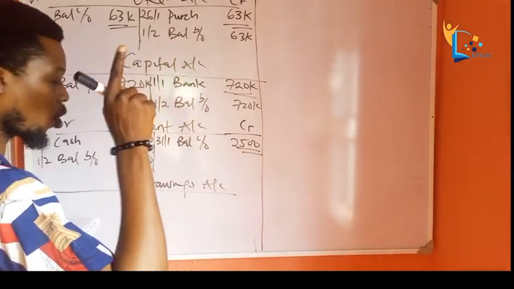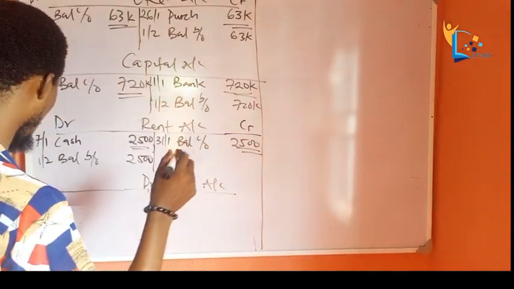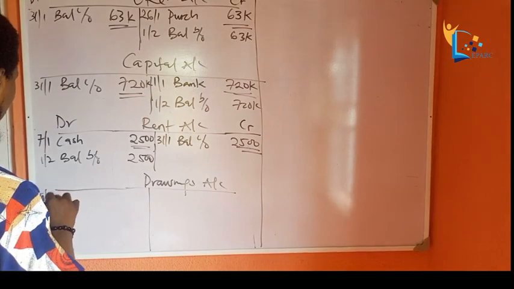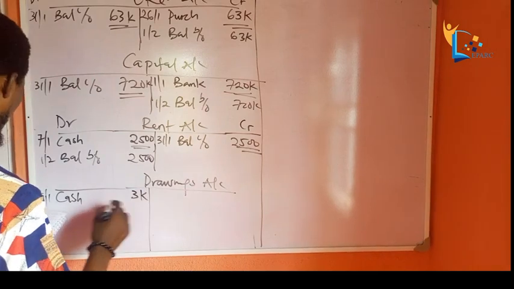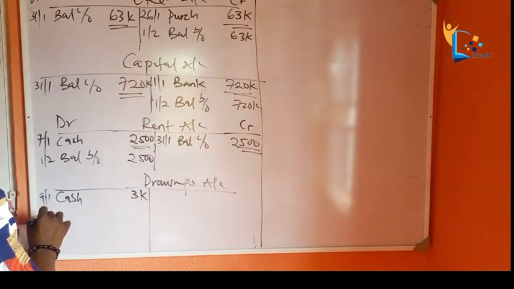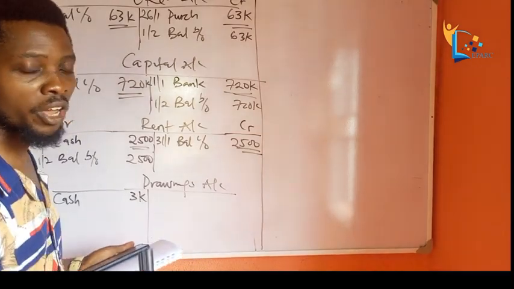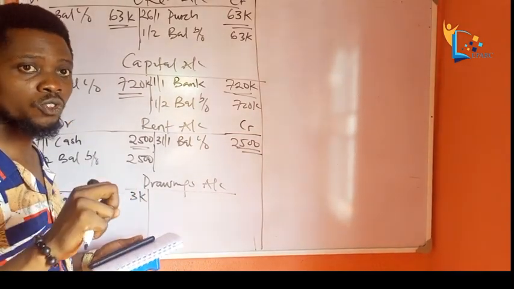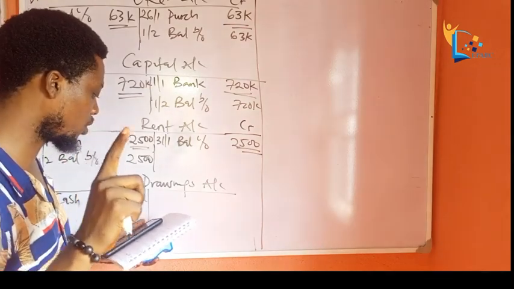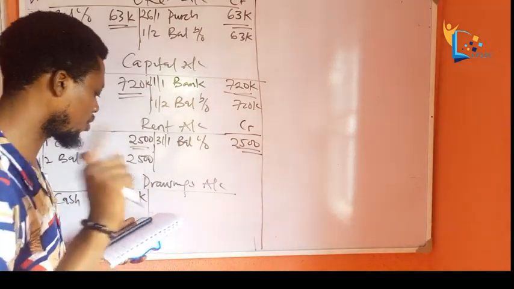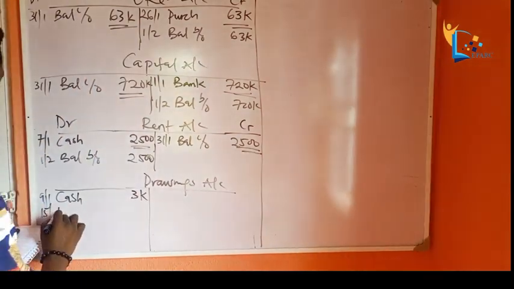If you check our cash book on the 9th, you will see cash that we withdrew. 9th of January, we have cash, which is 3K. We have on the 15th, where we withdrew goods for personal use. And if you check your journal proper on the 15th, you will see that transaction there.